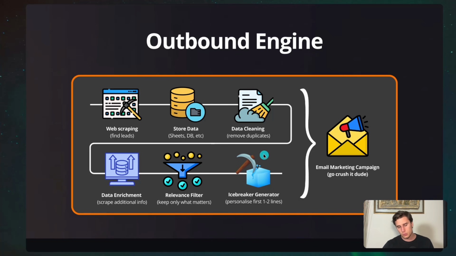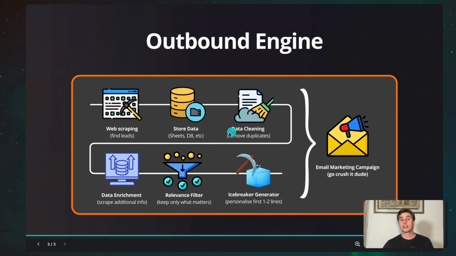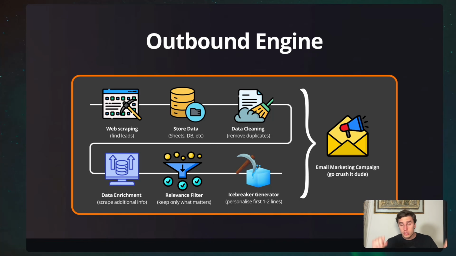The reason is that we want to eventually be able to generate what we call icebreakers. So the first 2 lines of the email that are going to be personalized for the person, so that we can increase the open rate and all of the things we discussed before. And then eventually, we're going to insert these in an email marketing campaign tool so that we're able to start mass sending our emails and therefore start showing our offer to the people. So with that being said, let's go to Antigravity.